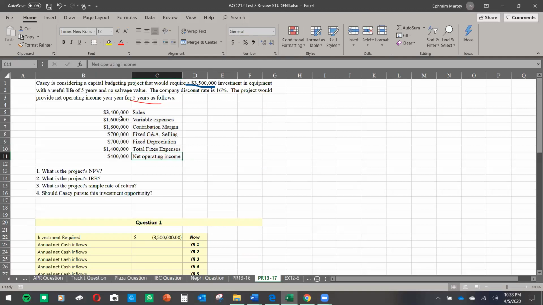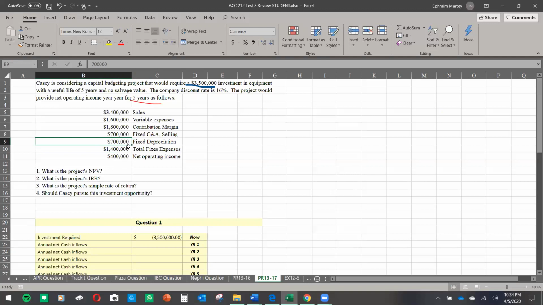Once you have the income statement, all you need to do is look for the net operating income. Once you find the net operating income, add back depreciation costs. Because this is not your net cash inflow. Depreciation cost here is not an expense that you spend money on.